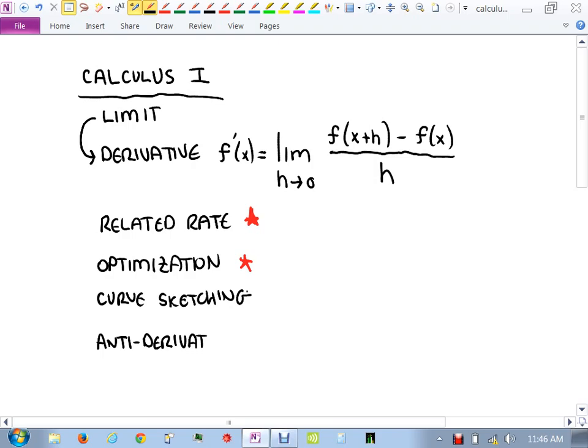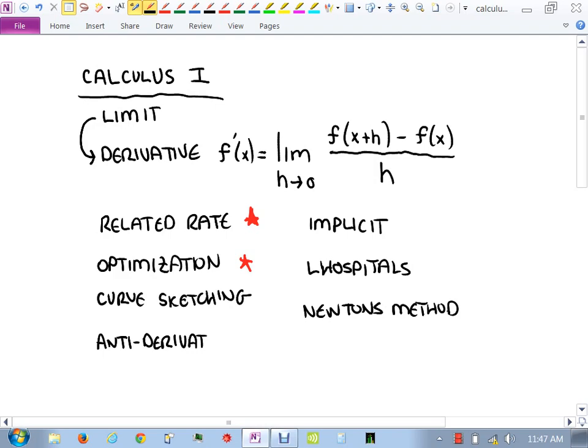What else? Anything else? Implicit differentiation, correct. That's part of the derivative, but we had implicit differentiation. Now, L'Hopital's rule. Newton's method. Now, Newton's method is one of those things that a lot of us look at as being optional.